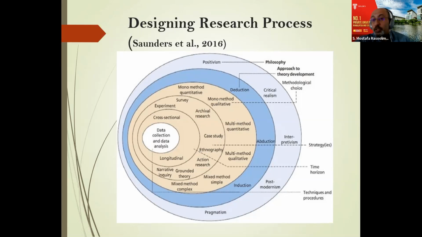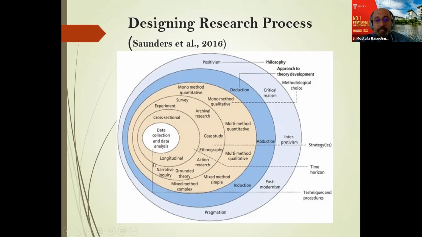The narrative inquiries are qualitative, but experiment can be quantitative. Survey can be quantitative. Archival data, if we use panel data and numeric secondary data, can be quantitative. But if archival data is documents, it should be qualitative, right?